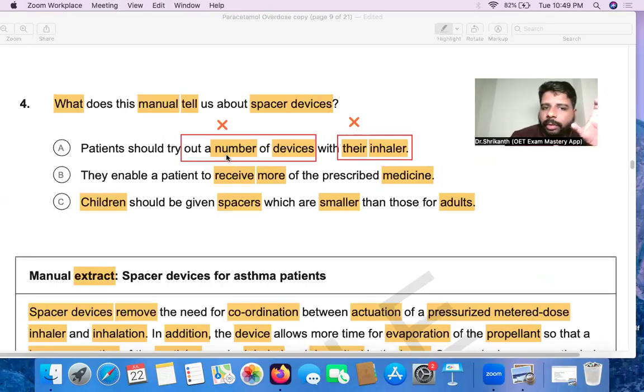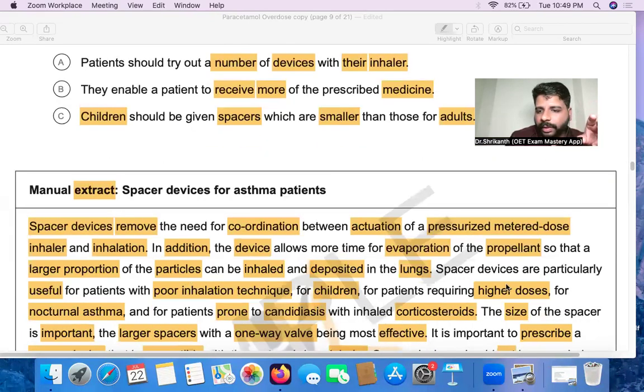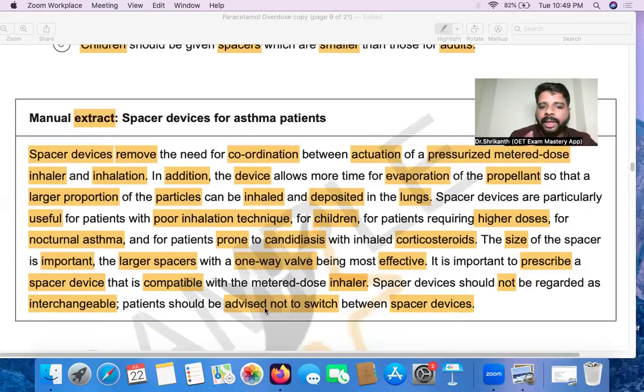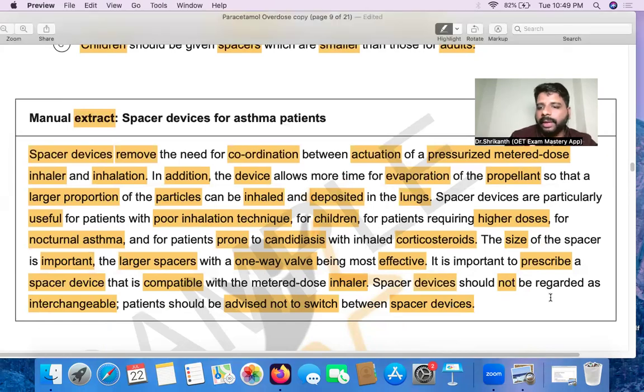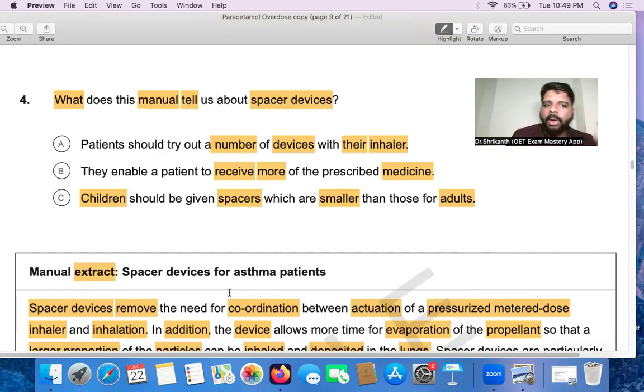What is the verb over here? Patients should try different types of devices. Now, what did you read in the last sentence? Patients should be advised not to switch between spacer devices. That is, don't use the devices interchangeably. So it is the exact opposite of answer option A.